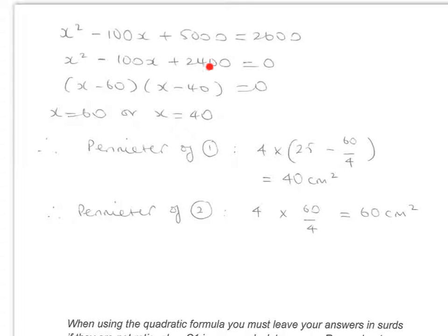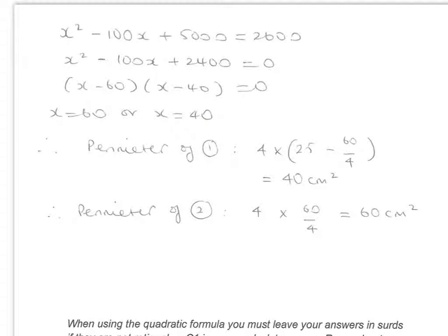So, multiplying to give 2,400, adding to give minus 100, two numbers have to be minus 60 and minus 40. Okay, so going on to solve it, x has to be either 60 or x has to be 40.